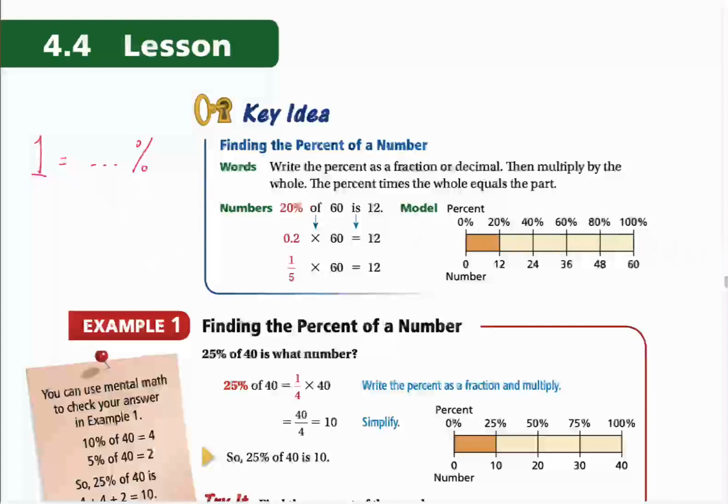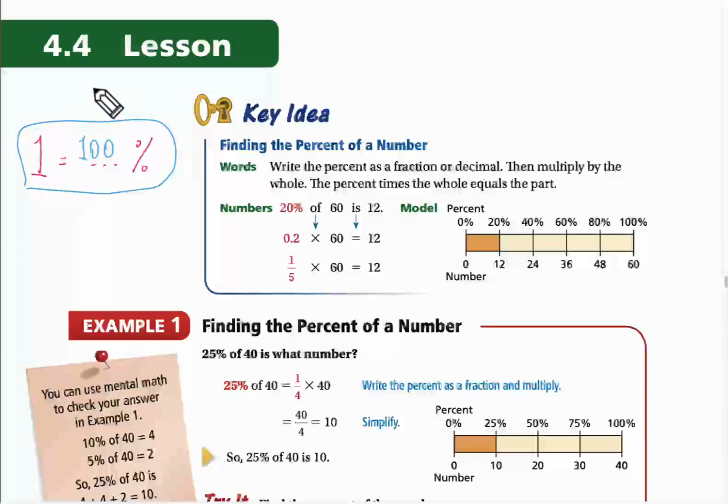Yes, excellent, Saad. So the whole one is 100%. And now, if you understand this, you should understand that any number less than 100% is less than the whole one, and any number greater than 100% is greater than the whole one.